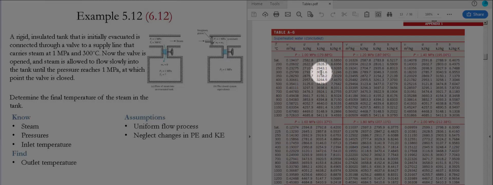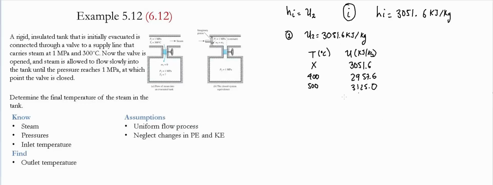So we go and notice that it is between 400 and 500 Celsius. Then we'll write these values so that we can interpolate. Using these values, we're going to interpolate in order to get the temperature for the corresponding internal energy.